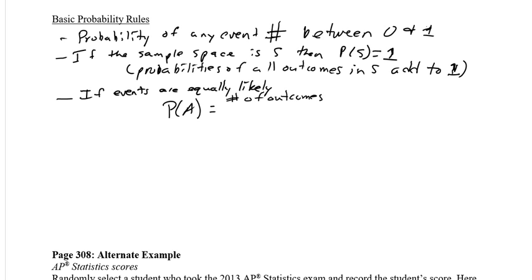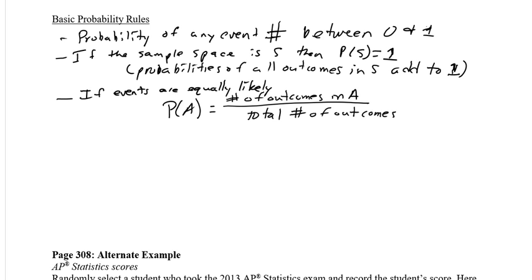Now we saw that in action back when we did our 2 dice. We did the sum of 9. There were 4 ways to get a 9, and there were 36 total ways, so the probability was 4 over 36. So a lot of that is intuitive. Okay.